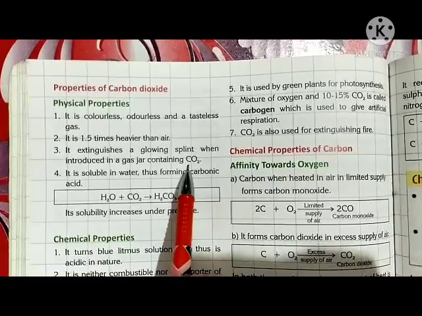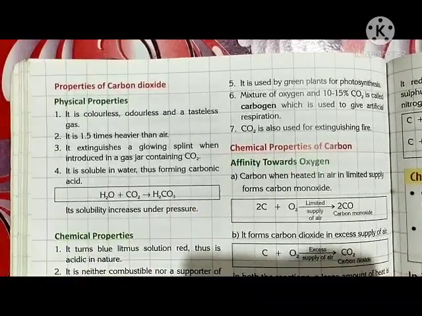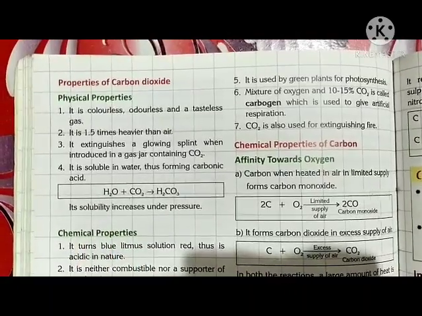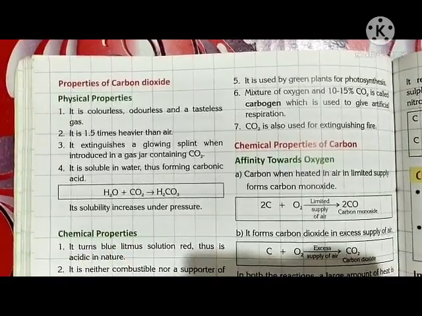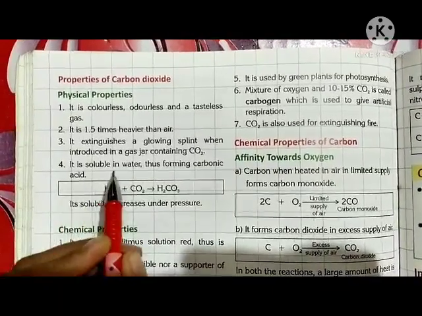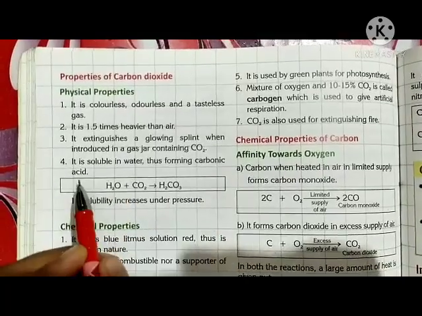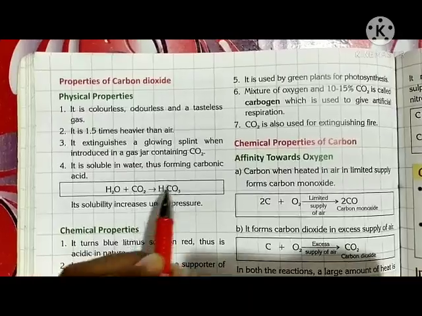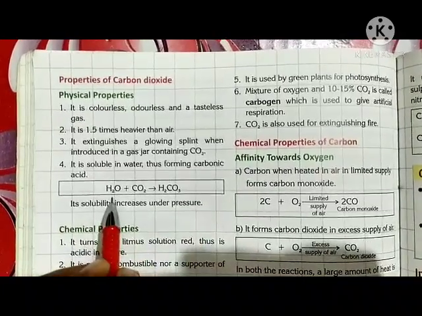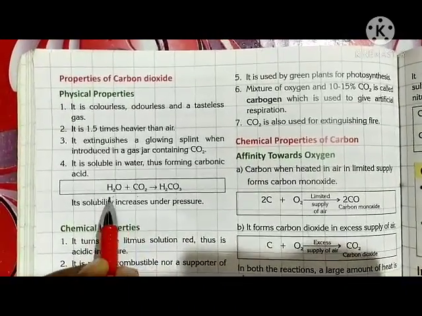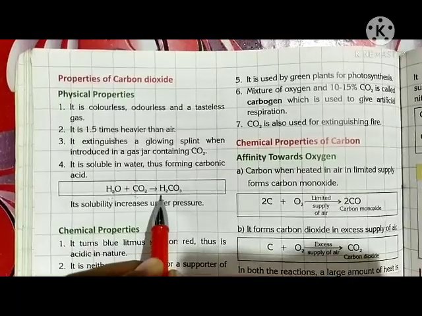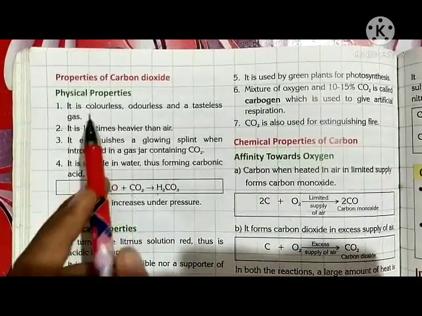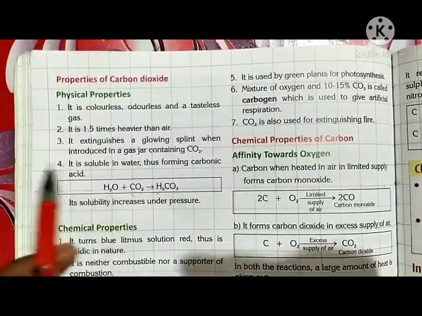It is soluble in water, thus forming carbonic acid. See, water plus carbon dioxide, H2O plus CO2, forms H2CO3, which is carbonic acid. So these were the physical properties of carbon dioxide.